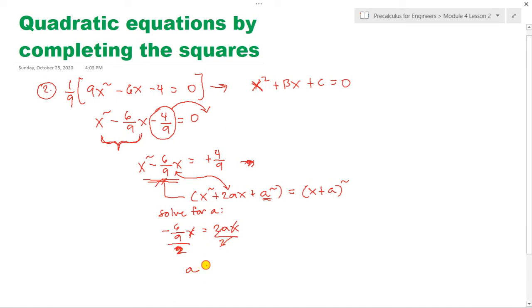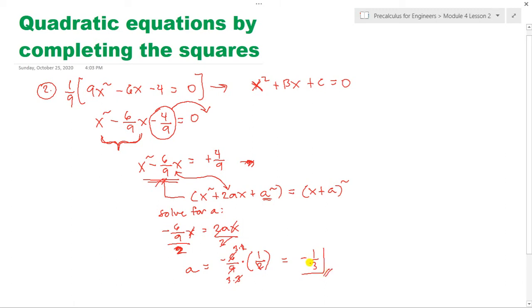So, our a here is equal to negative 6 over 9. Proceed to multiplication, take the reciprocal of our divisor 2, maging 1/2. Then, 6 can be written as 3 times 2. So, makancel out yung 2. Then, 3 divided by 3 over 9, this one is 3 times 3. So, makancel na yung isang 3. What's left is a is equal to negative 1/3. So, negative 1/3 lang pala.